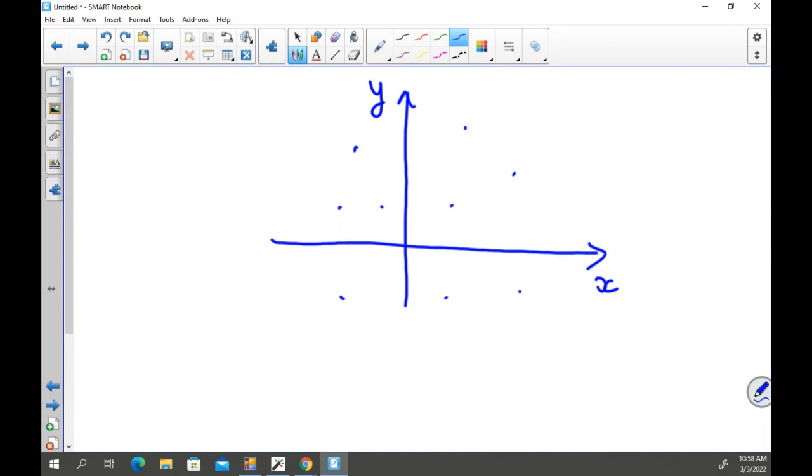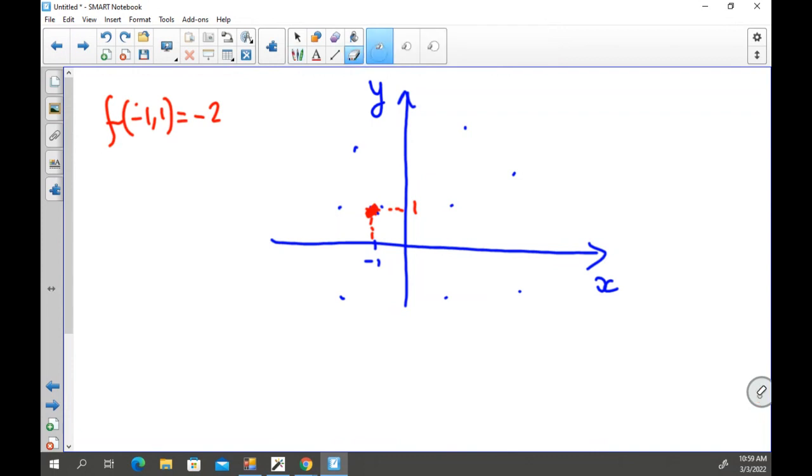But we want to see what's happening at the point -1, 1, somewhere here. At this point, the function has a certain value. What is its value at -1, 1? It's going to be -2. So its value is -2 at this point.